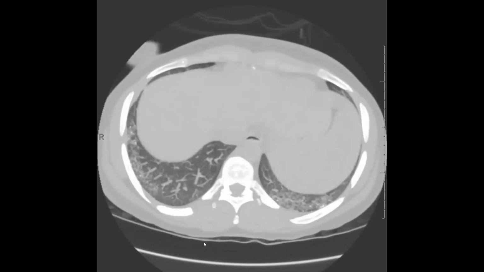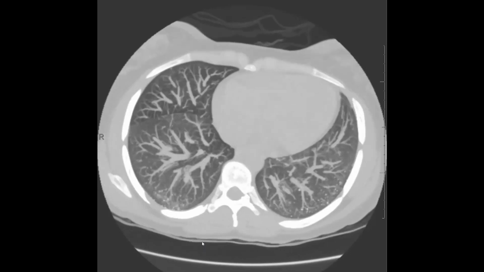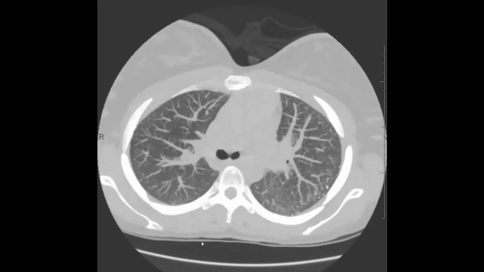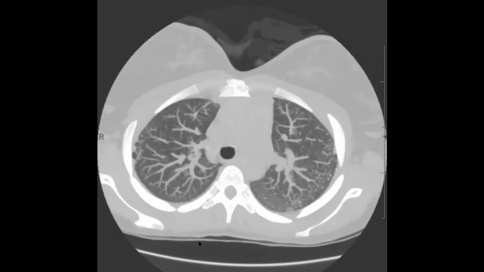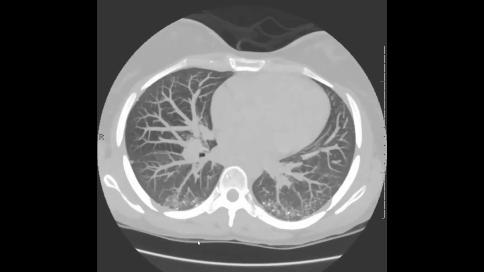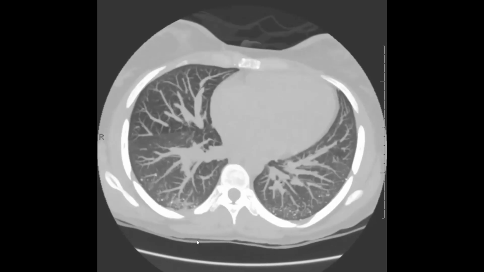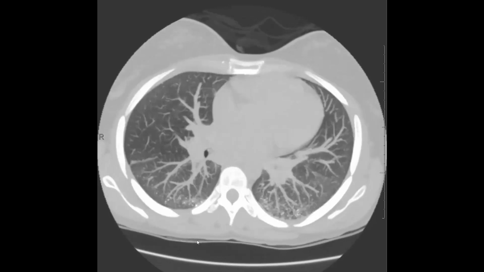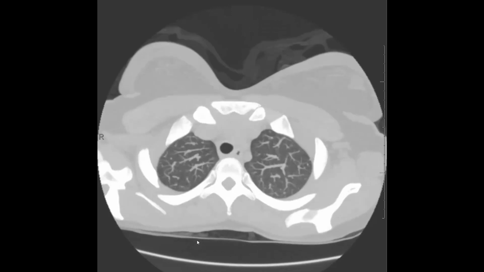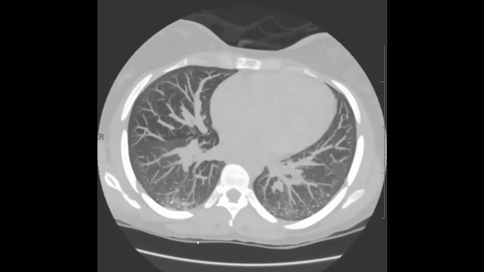So this is pulmonary ossification, and pulmonary ossification can occur in the setting of pulmonary fibrosis. And that paper in Radiology, which I think was well done, talked about pulmonary ossification being more common in patients with idiopathic pulmonary fibrosis and systemic sclerosis. And I'll tell you, I don't think that's true.